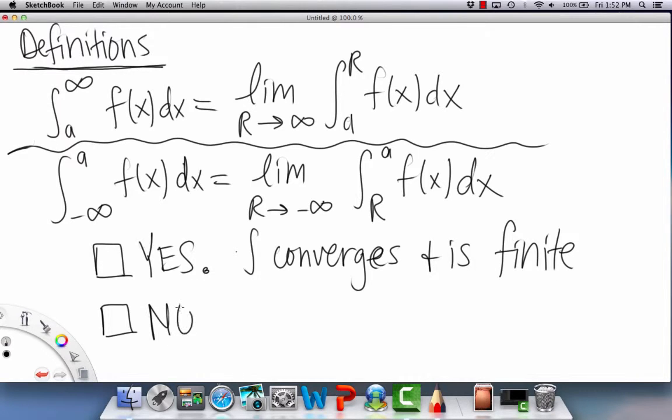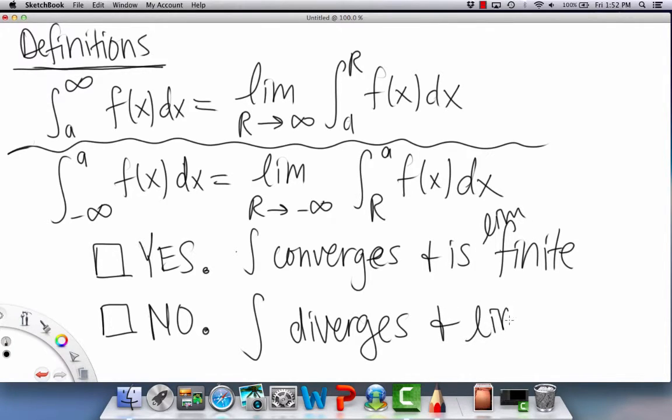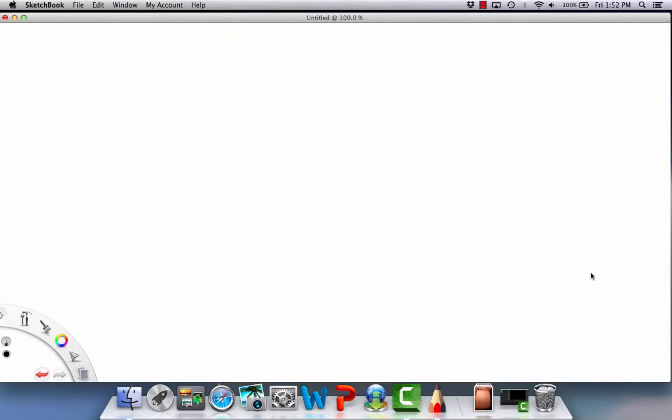Whereas on the other hand, if the limit doesn't exist for some reason, then the integral is said to diverge. So the integral diverges, and the limit does not exist.